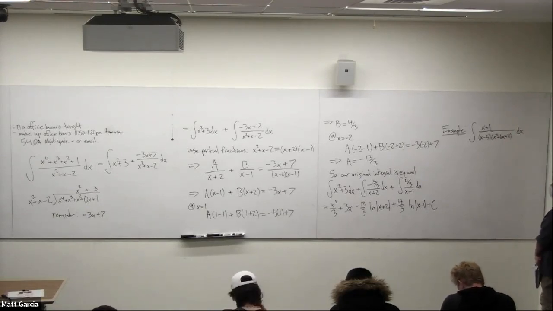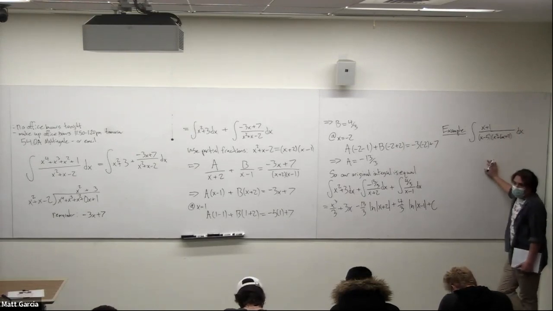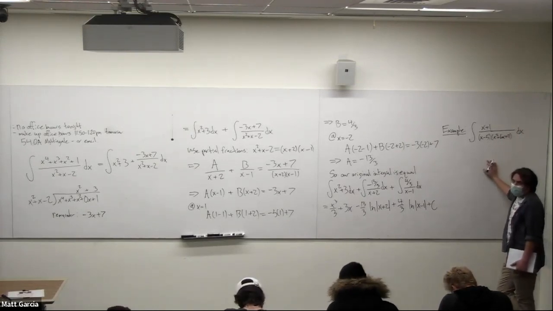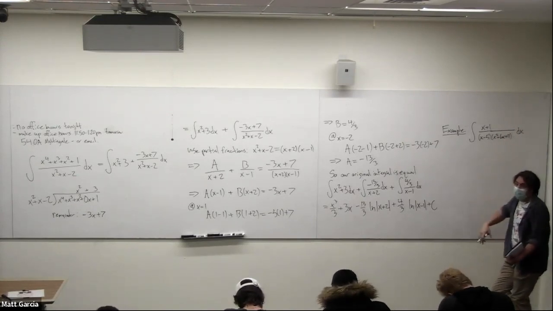Okay, so right off the bat, this is a function that we don't know how to find the antiderivative of just from the list of functions that we know, right?